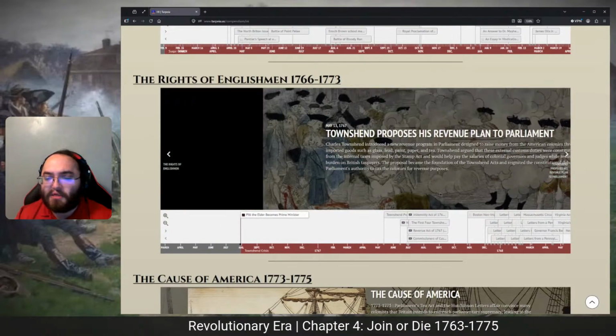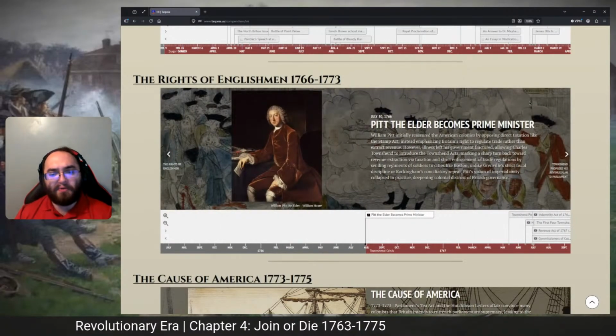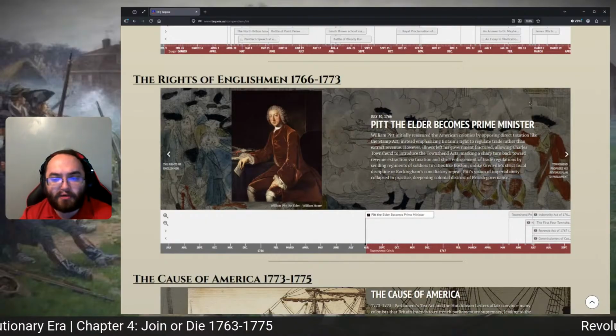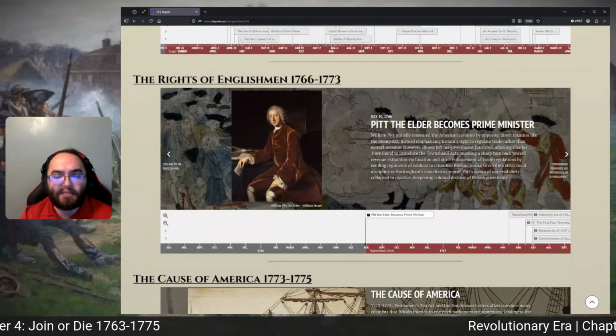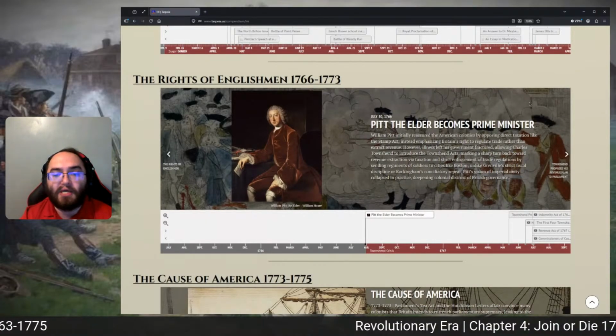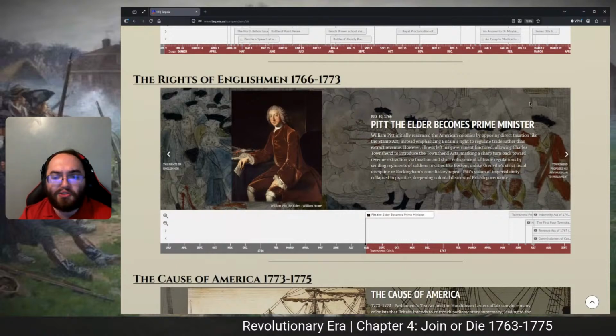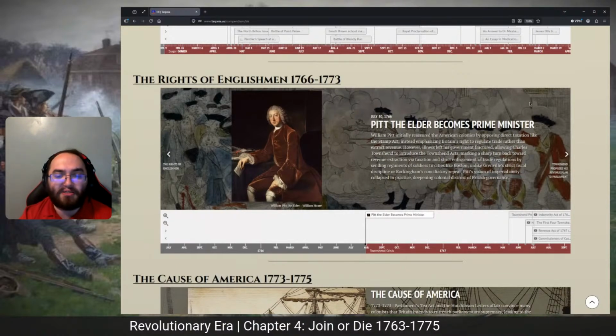And let me just read the description that I have for him. William Pitt initially reassured the American colonies by opposing direct taxation like the Stamp Act, as I just mentioned, instead emphasizing Britain's right to regulate trade rather than extract revenue.